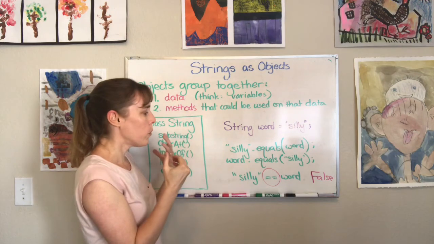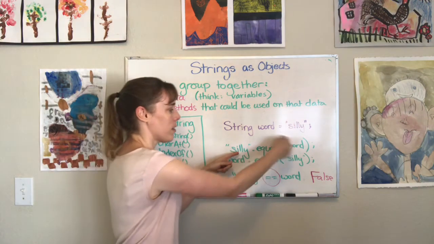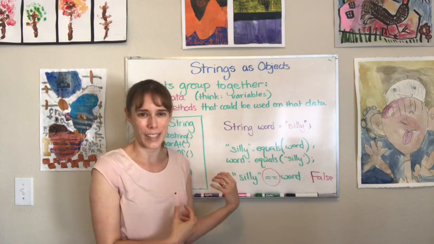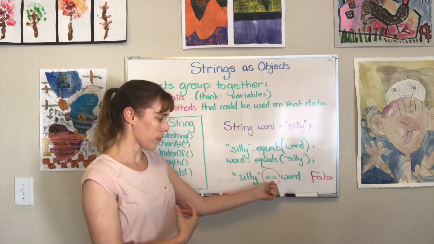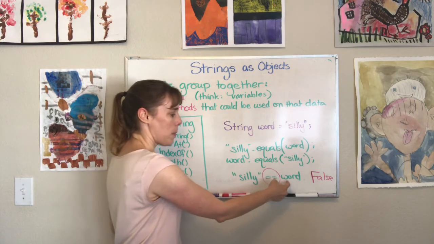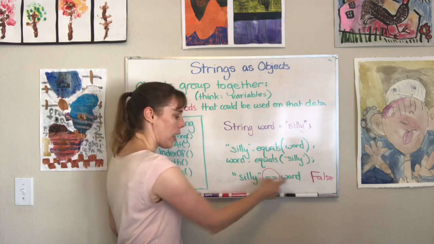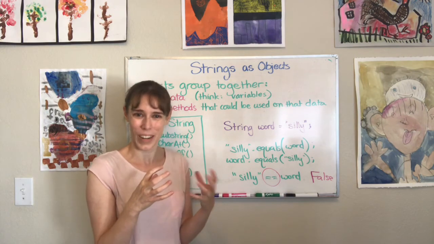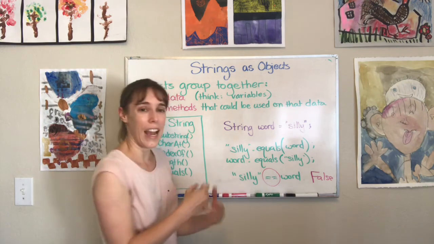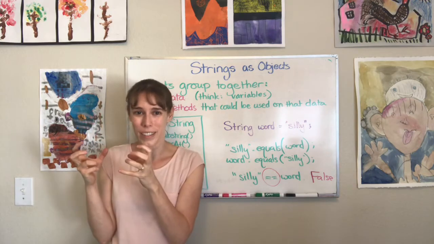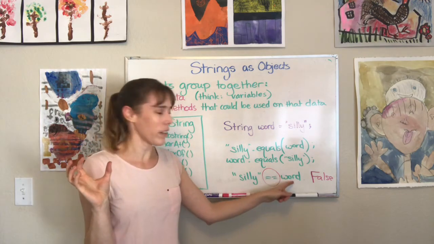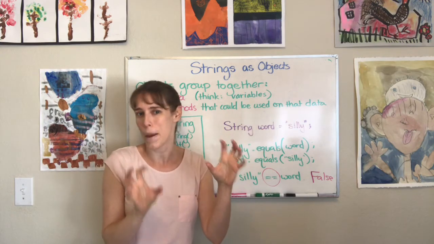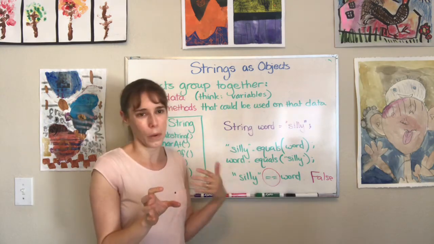So if you look at this, it says, hey, silly, does it equal word? It does exactly what you think it does. But when you get down here, it's looking at the memory address of word and this new silly string that you put somewhere. This is a brand new one. And I want to compare it to word. And it turns out those two are not stored in the same memory address. So this does not work.